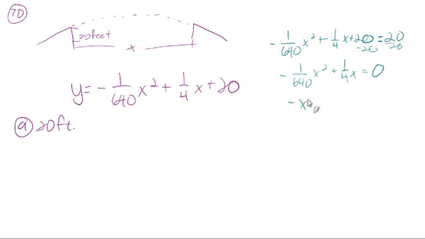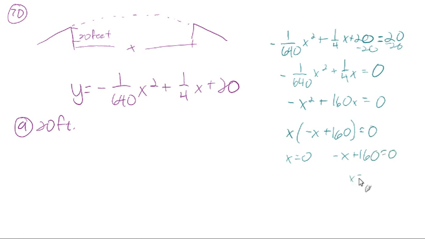So we get negative x squared plus 160x equals 0. We can factor out an x: x times negative x plus 160 equals 0. So either x equals 0, or negative x plus 160 equals 0, or x equals 160.